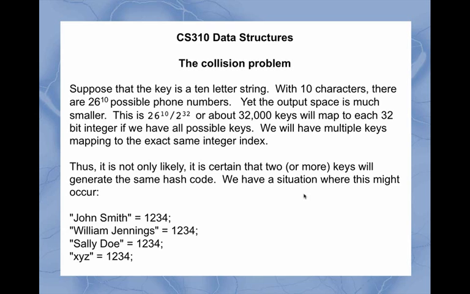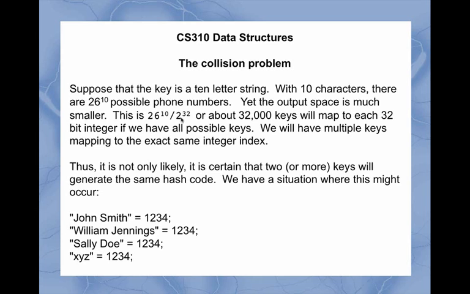Here, 26 to the 10th is the key space. This is the possible variation or possible number of keys that you can have, the permutations. But 2 to the 32nd is actually the output space. This is the 32-bit integer output, and it's a much, much smaller space.